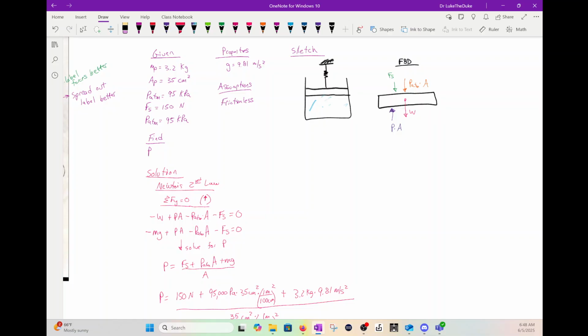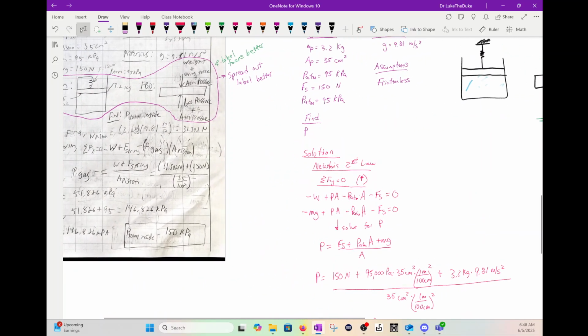Okay. Now, the sketch, again, I made bigger, I spaced it out. Okay. Over here, I labeled forces with variables. So P times A, which is inside the piston cylinder. Weight is W. The force of the spring is Fs. Okay. So, like, don't say weight and spring force.